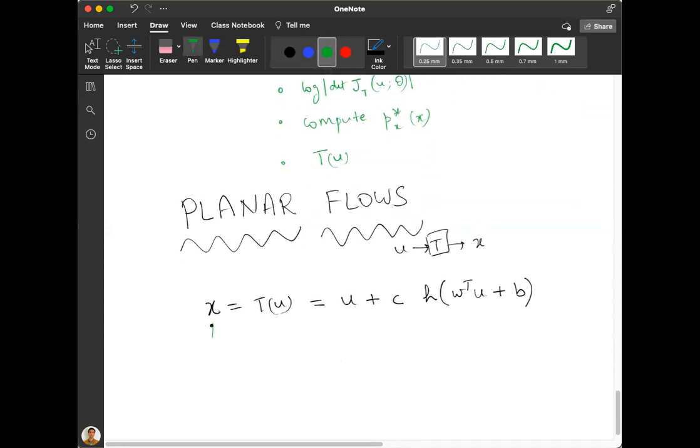X is a vector, and U is also a vector. Let's say it's d-dimensional, so U belongs to R^d. C is also a vector, also d-dimensional.